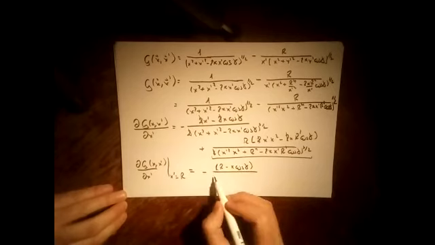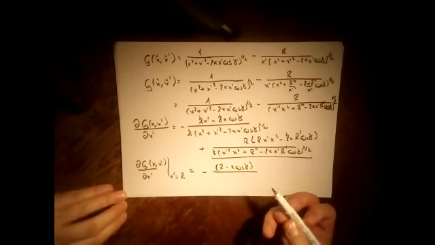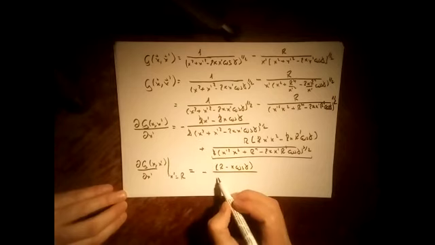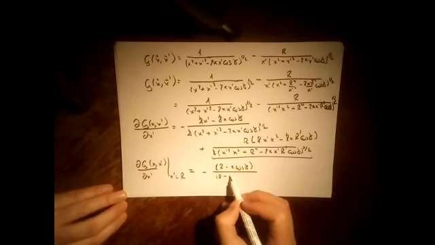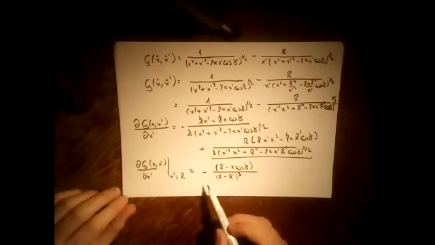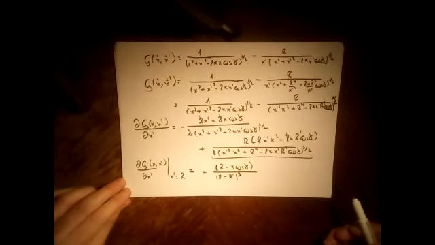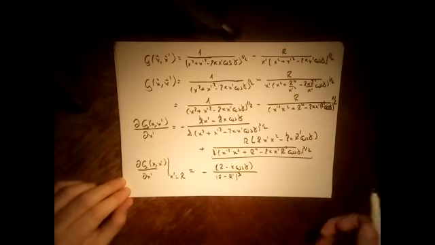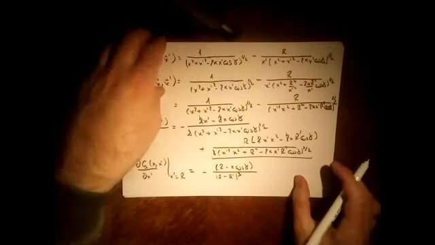That's easy. Divided by, well, I suppose I could write here x minus x prime to the third power, because that just makes the notation easier. But then I have to do this one. Okay, so I will do that on the next page.